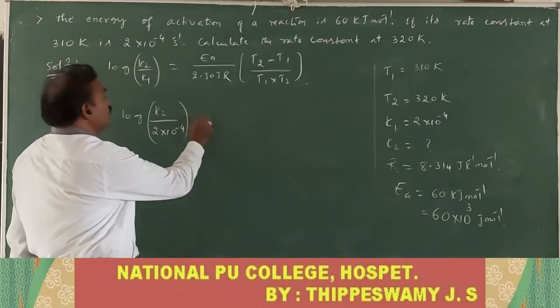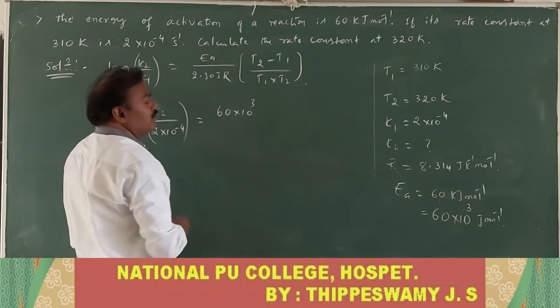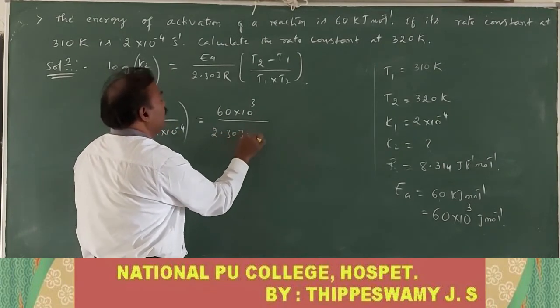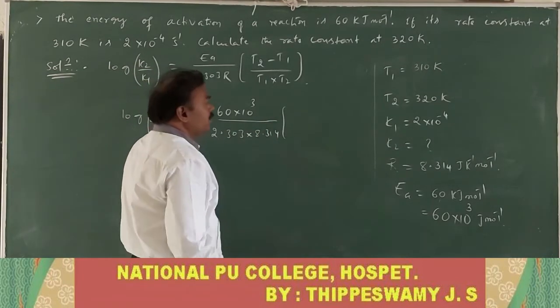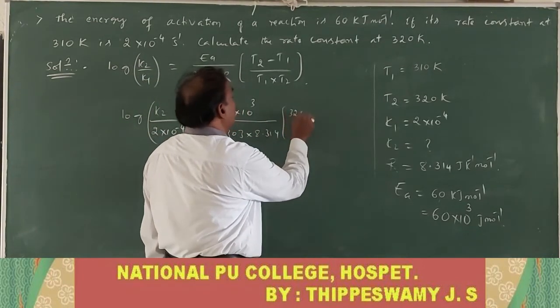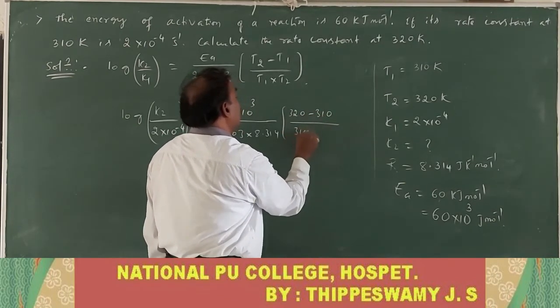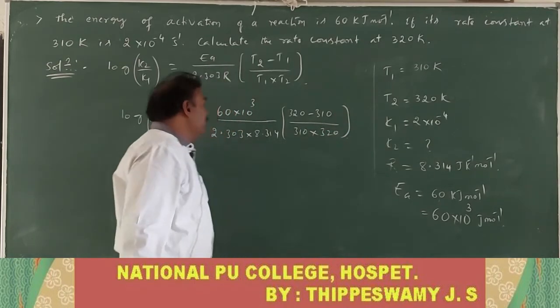This is equal to EA. EA is 60 into 10 to the power 3, divided by 2.303 into 8.314, into T2 minus T1, that is 320 minus 310, whole divided by 310 into 320. Now simplify this.